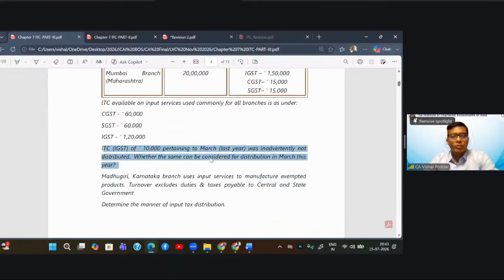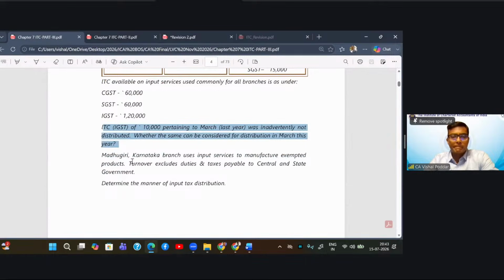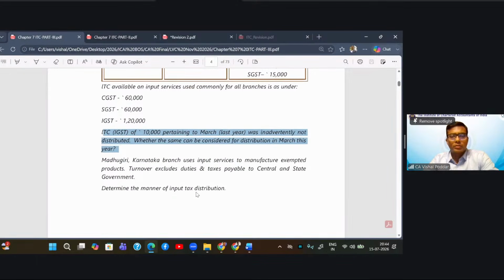So what are we supposed to find out? Determine the amount of input tax distribution.